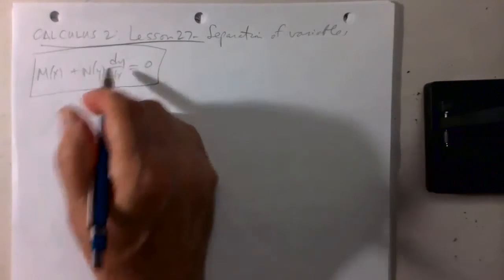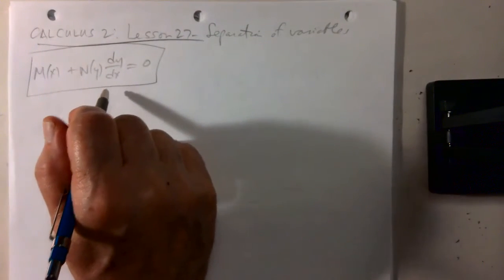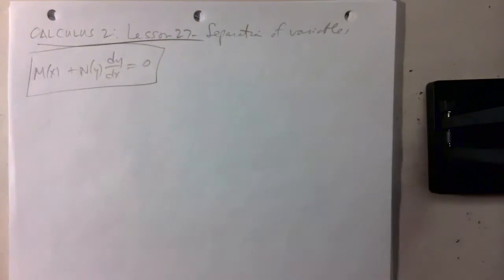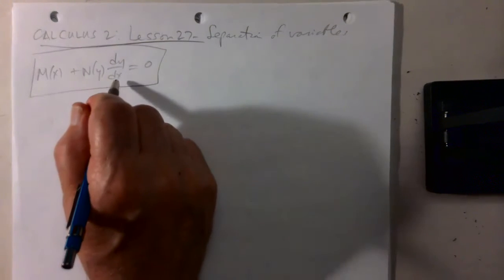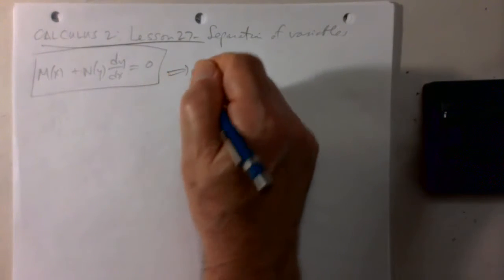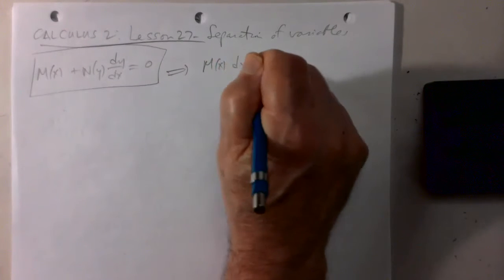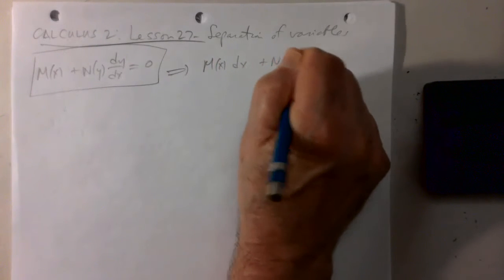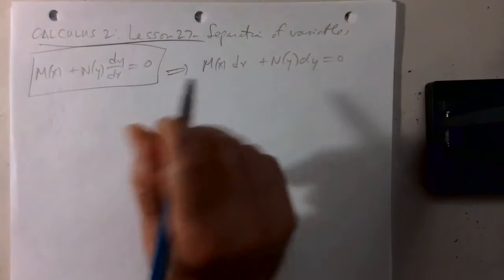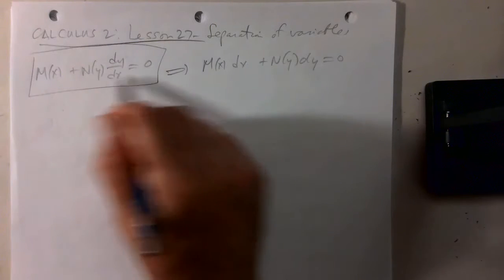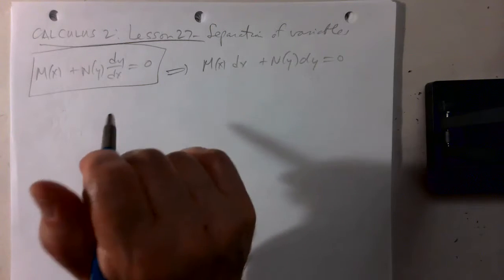When it's possible to write your differential equation like this, then we say the variables are separated. As a mnemonic, we often write this as m of x dx plus n of y dy equals 0. As if this were a fraction, we can multiply through by it, but then when we integrate.